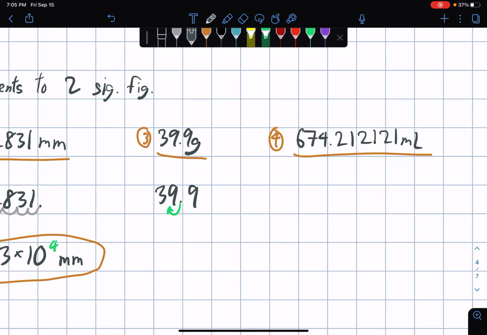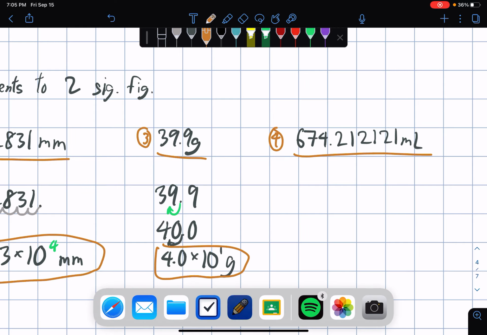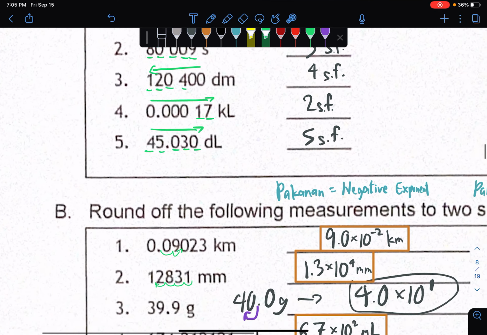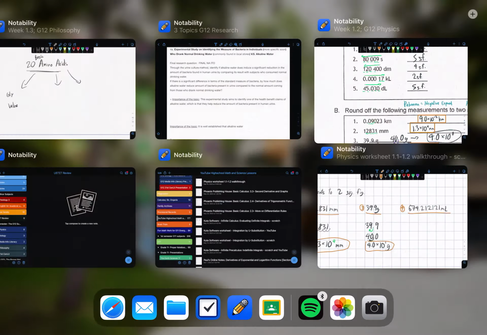But before that, 39.9, round that off, becomes 40. So if you round that off, we get 4.0. And because we moved the decimal point one time to the left, we get an exponent of 1. And then grams. That's exactly the same.